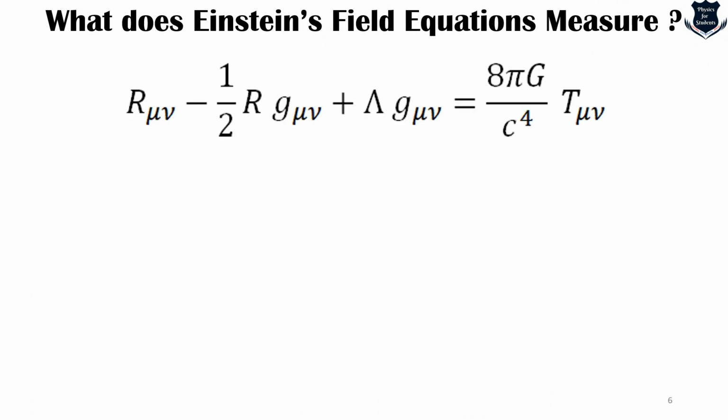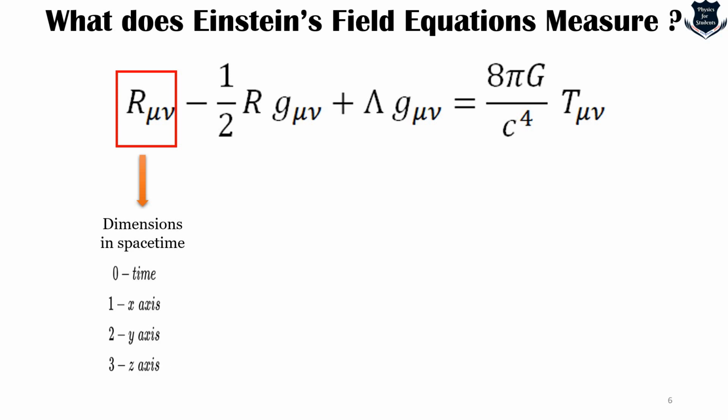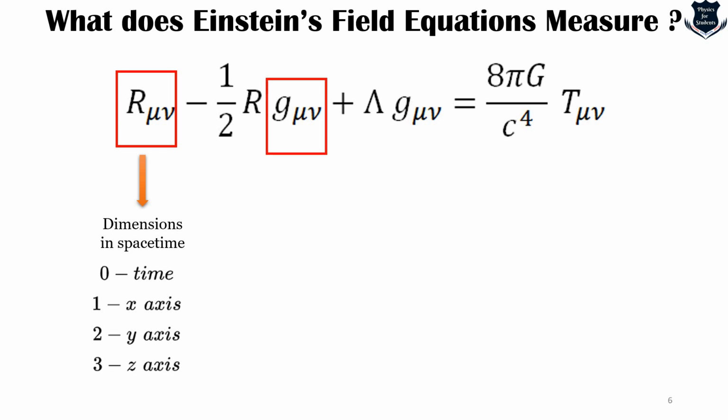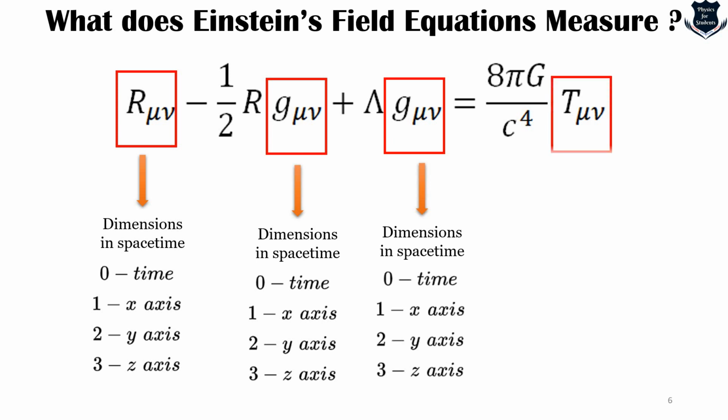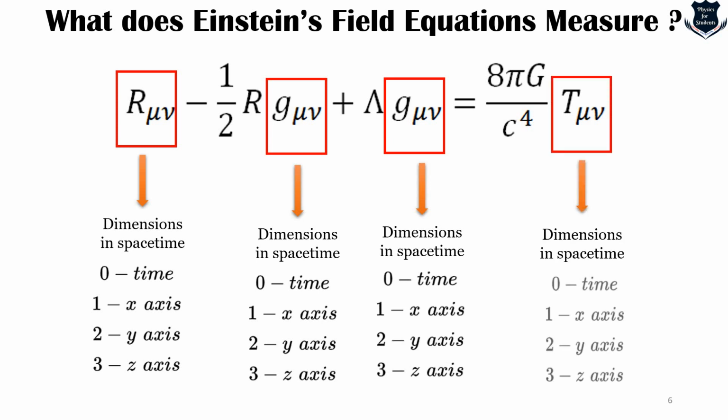Let us also look into something very important. This R mu nu measures the dimensions in space-time. It has 4 dimensions, as we know: 0 is the time axis, then the y-axis, z-axis and x-axis. Similarly, this g mu nu is also 4 dimensions in space-time, and this one is also 4 dimensions in space-time.